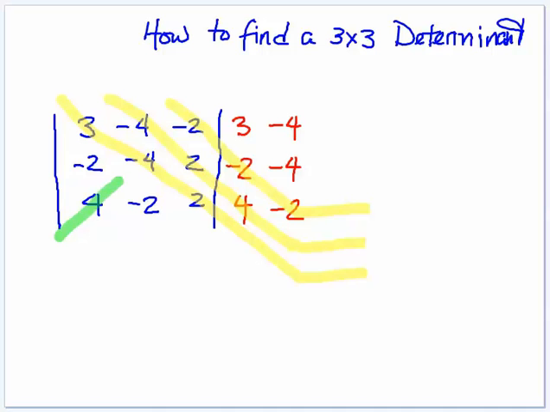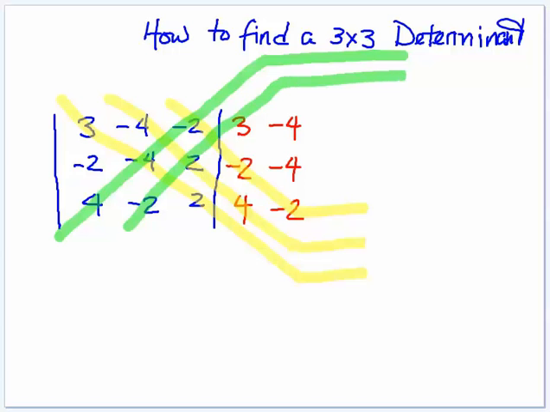Bottom left to top right gets those three numbers. Now we've gone up, get those three numbers, and those. So all numbers are accounted for.